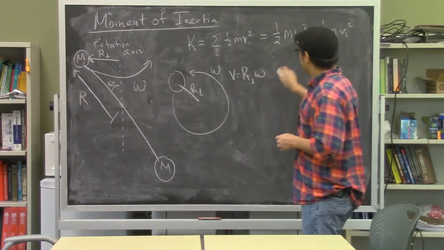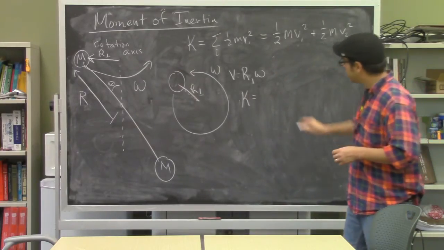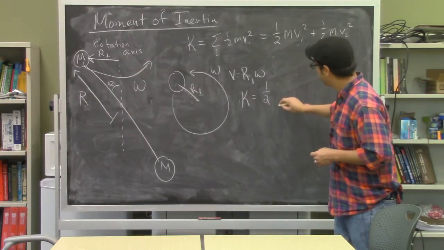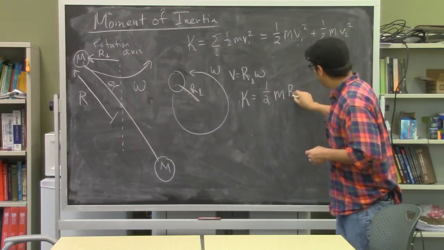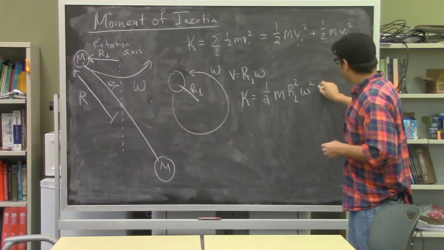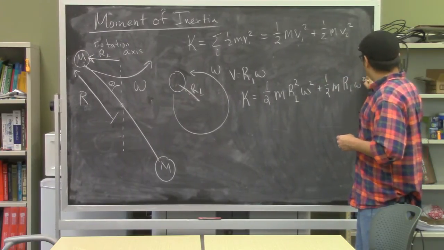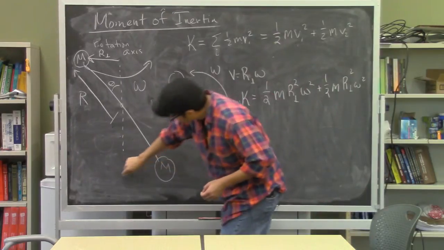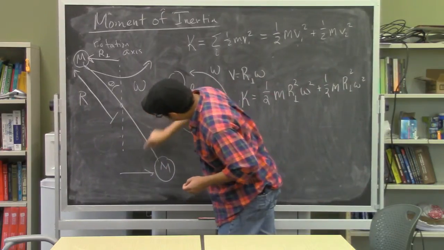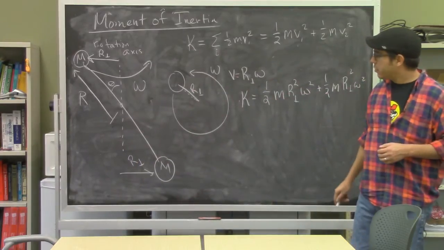And so when we put that into our kinetic energy formula to calculate the total kinetic energy of this system, we end up with 1/2 m r perpendicular squared omega squared plus the same thing, 1/2 m r perpendicular squared omega squared, because this object here is also precisely r perpendicular away from the center of this circle.